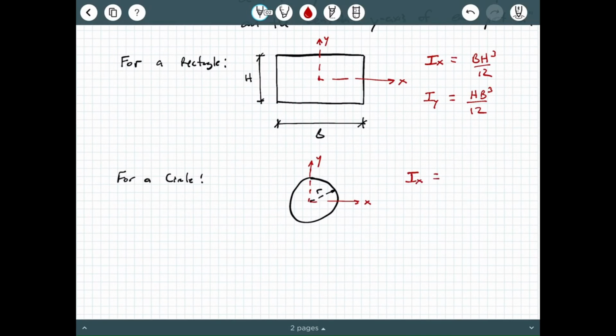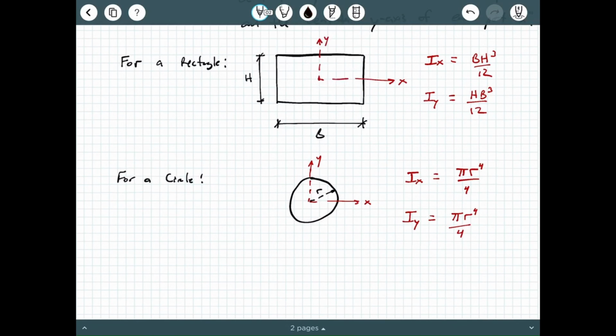And for a circle, we're going to have I sub x equals pi radius to the fourth over 4. And then I sub y is going to be also, what do you think it's going to be? Well, also pi r to the fourth over 4. And that's because for circles, you have double symmetry, right? No matter how you look at a circle, it's symmetrical in any different direction, okay?